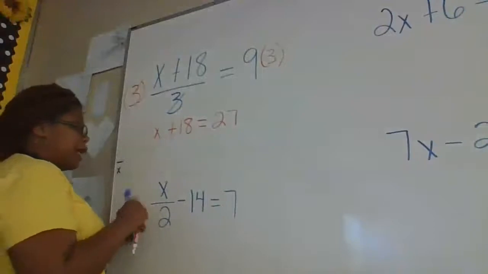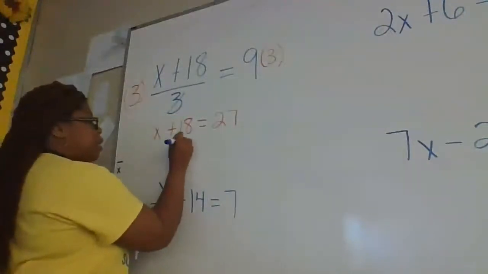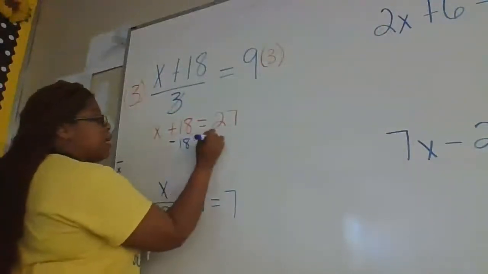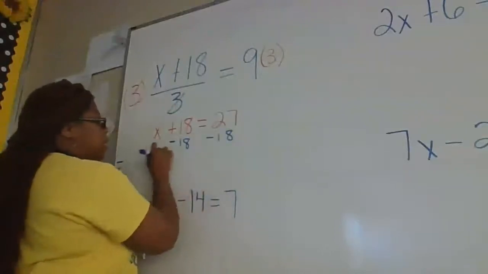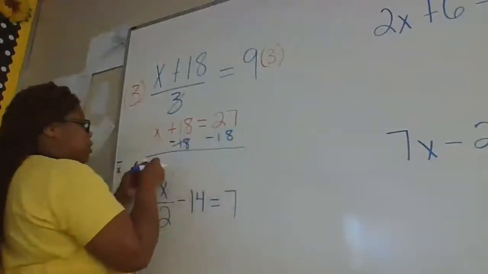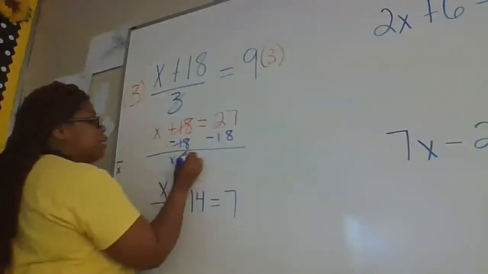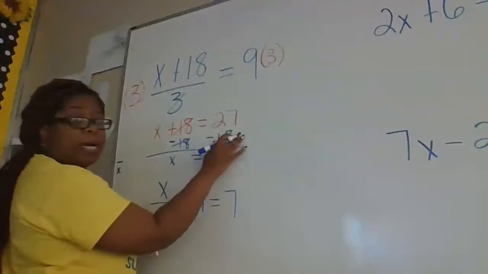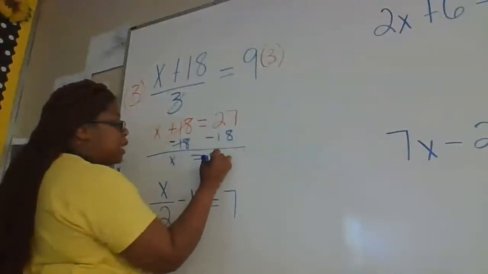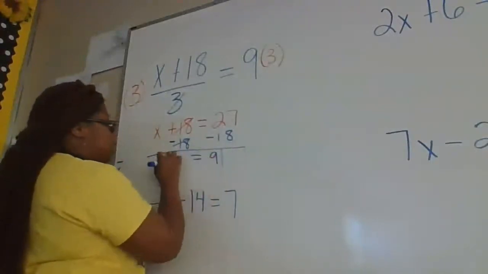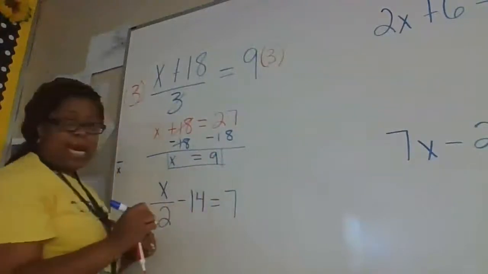So I'm going to subtract 18. What I do on one side of the equal sign, I do on the other side. So, of course, with the 18s, we cancel culture. We are left with x equals 27 minus 18, which leaves us 9. So our answer is x equals 9.